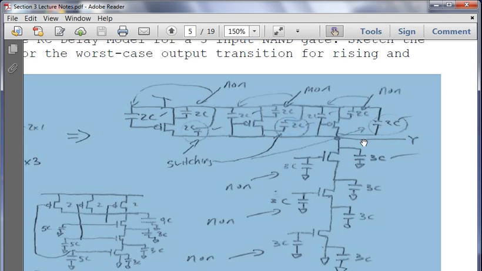So the output capacitance here is 9, but it's only driving one specific input. So that's where it's driving one specific input on all of the gates. So that becomes H, number of gates. But one input, so that's 9 plus 5 HC.